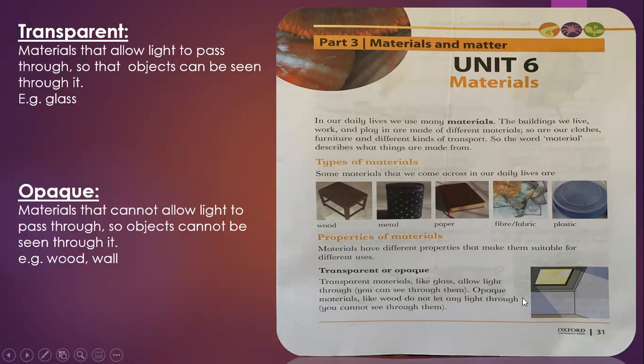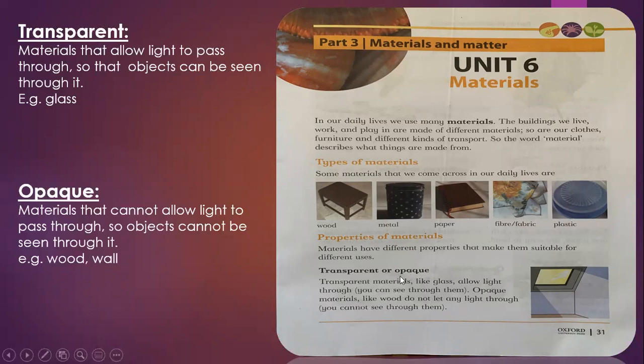Suppose you are wearing glasses, so your glasses have glass in them. Glass is an example of a transparent material, that you can see through, or the light can pass through it. Materials which allow light to pass through, or that you can easily see through, are called transparent materials.